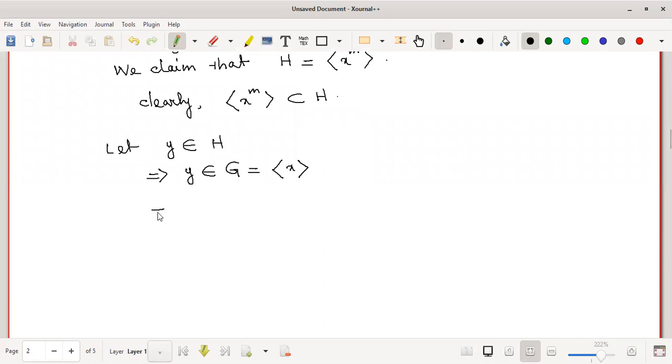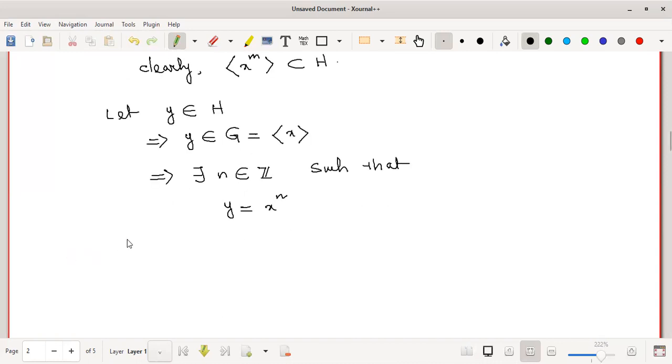So this implies there exists an integer n such that y equals x to the power n. Correct? Now you have two integers, n and m.